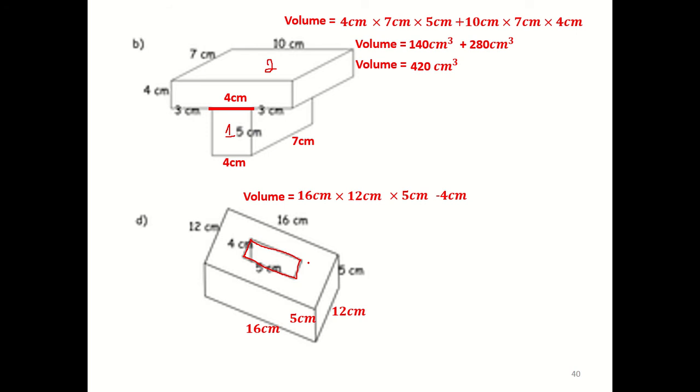I will simply take 4 centimeters, multiplied by 5, and multiply it by the height. Obviously, the height of that prism that has been cut out will be 5 centimeters.